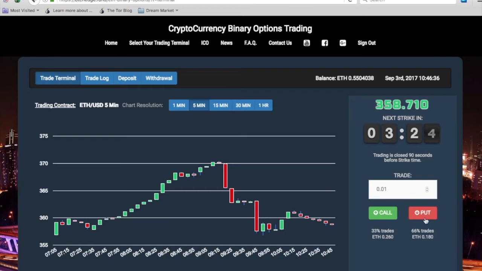If, on the other hand, you think that the price at the strike time will be lower than now, you buy a put option, painted red. So again, you are betting on the direction. You're fixing a price during the allowed trading time, and then at the strike time you get the results.